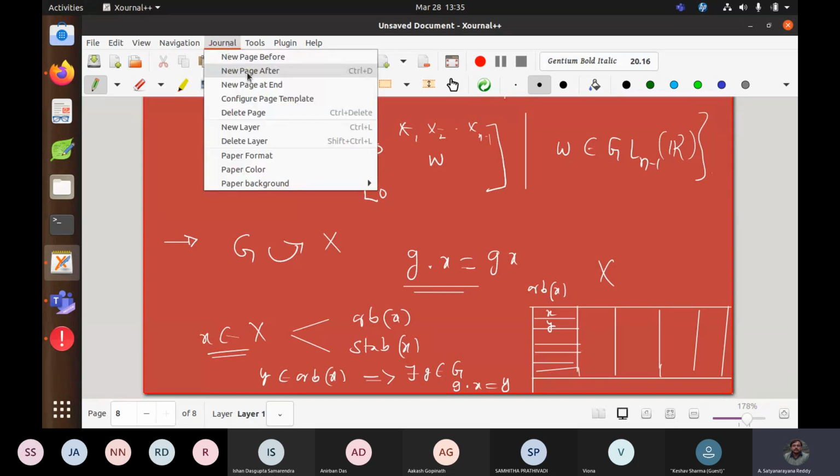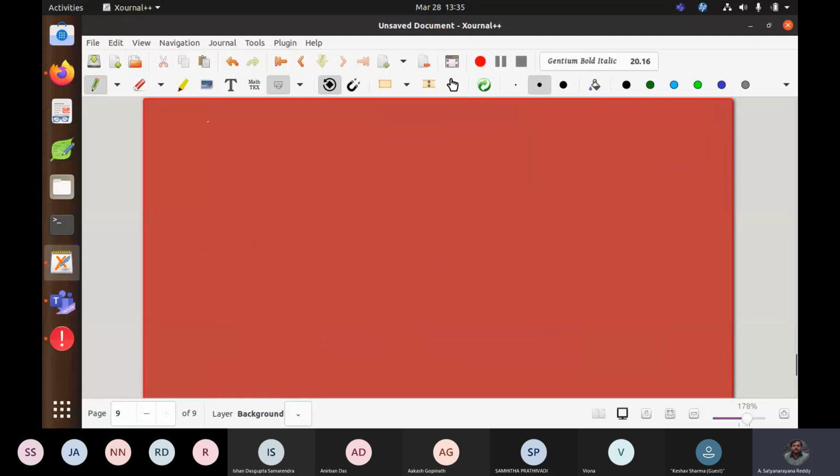So now I define a set. I'm defining some Sxy. Again, I'll repeat things one more time because it is a new page. G is acting on X. Listen carefully.